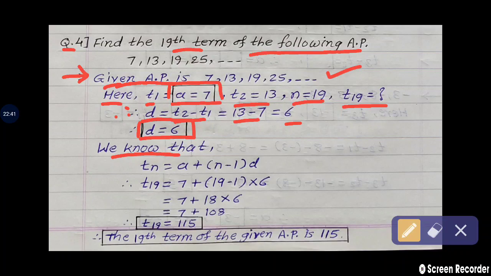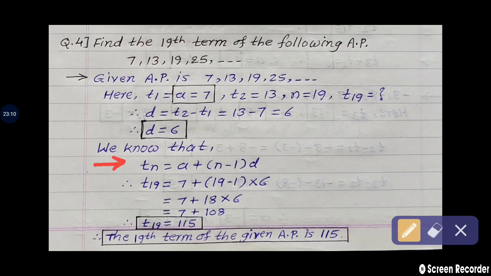Afterward, any term we can easily calculate by using the nth term formula. Therefore, we know that Tn is equal to A plus n minus 1 into D. Substitute the values. Which term? T19. So T19 is equal to A, and A means the first term, that is 7.